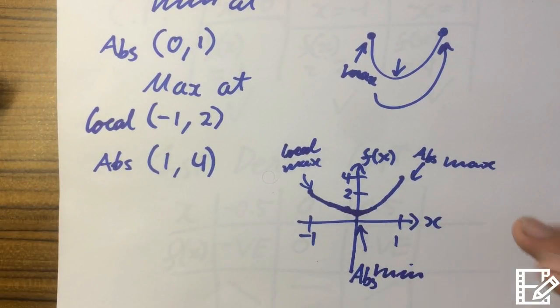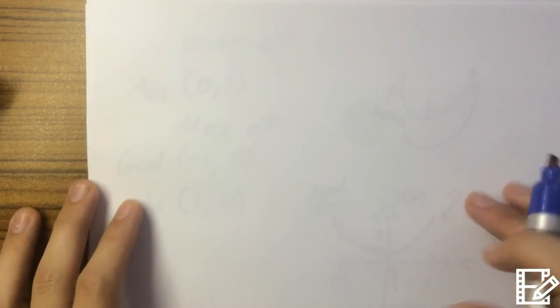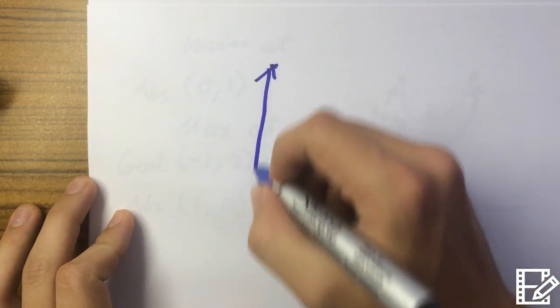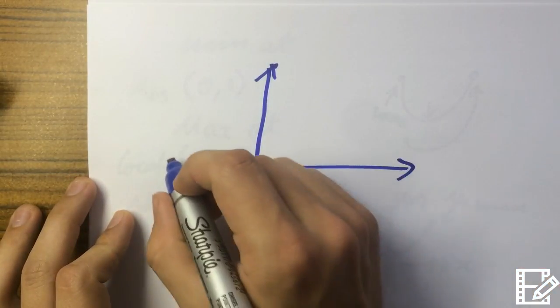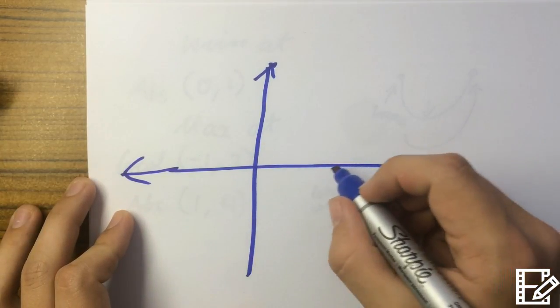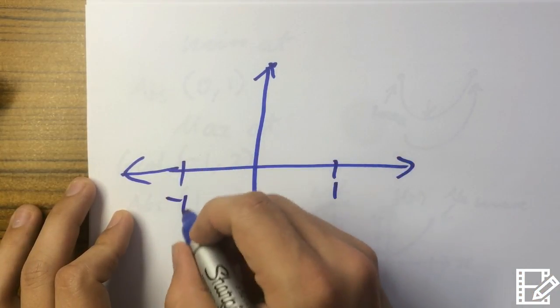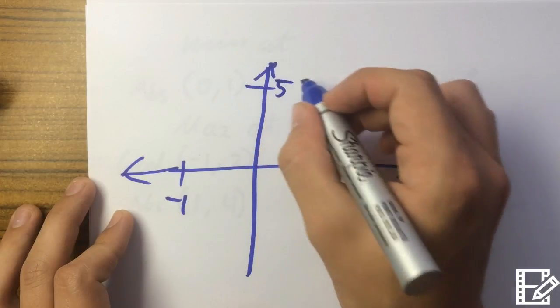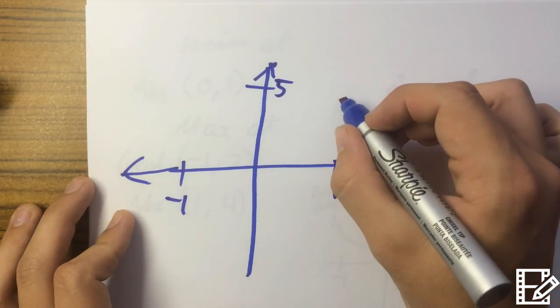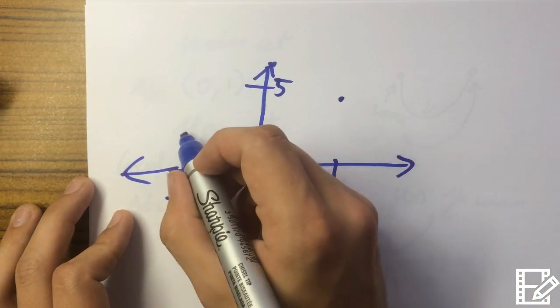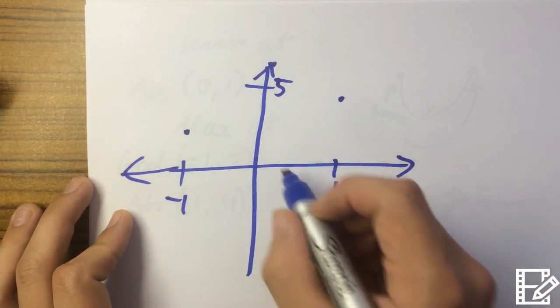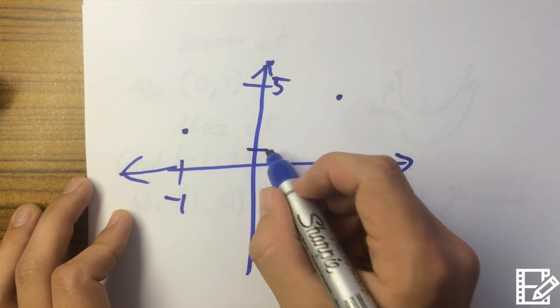Okay, and the real graph, if you're interested, basically looks like what I just drew. So you're going to have 1, you're going to have -1, and I put 5 up here, and it goes about there, and about there, and here's about 1.